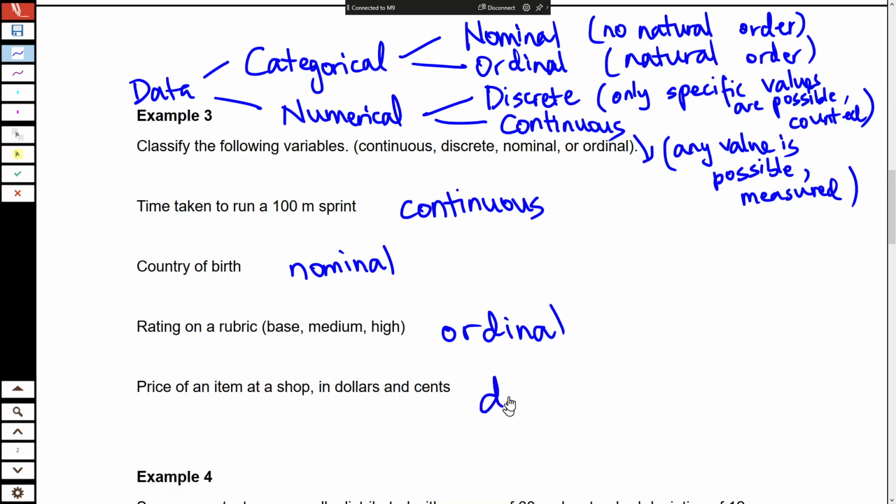So even though money has decimals, and decimals are often used for continuous data, money is one of the few cases where a decimal can give you discrete data. Okay? And Vika has asked that on an exam in the past, so they were expected to know that it's discrete data. Okay, can I move on?